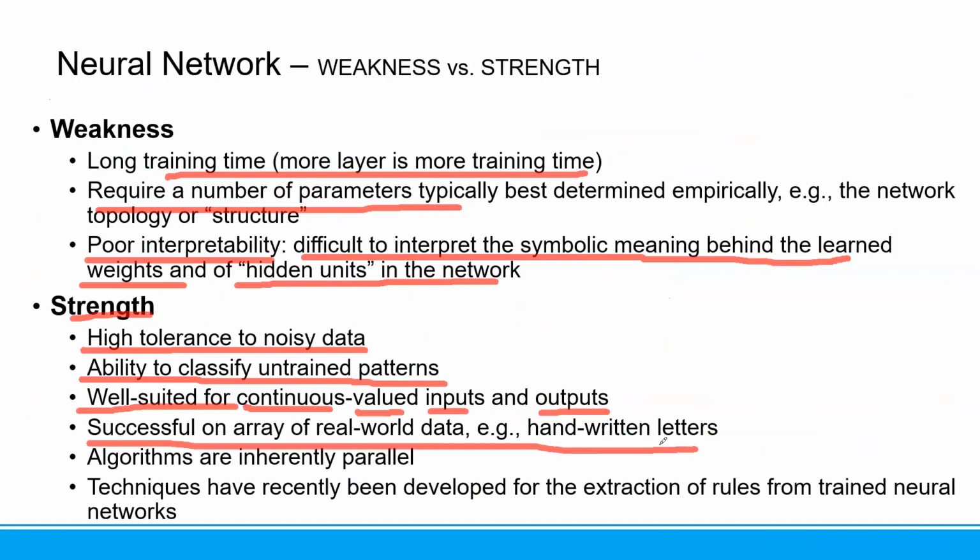And the algorithms are inherently parallel, so it can work in parallel in the neural network. And techniques have recently been developed for the extraction of rules from trained neural networks. So we can use a pre-trained model, the existing neural network, to train a new problem.